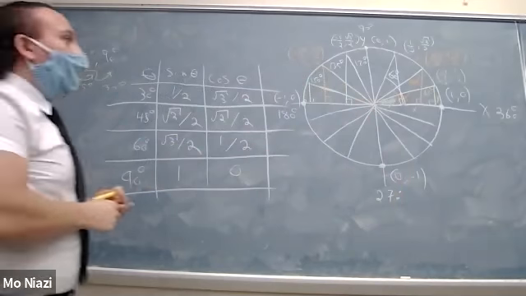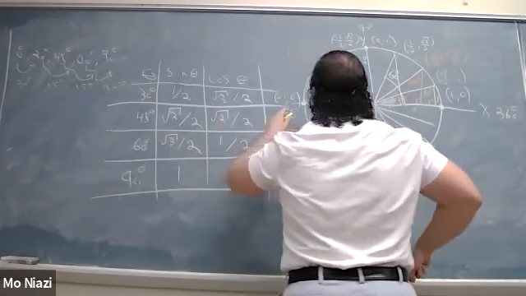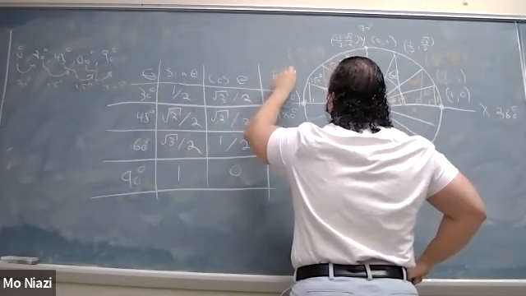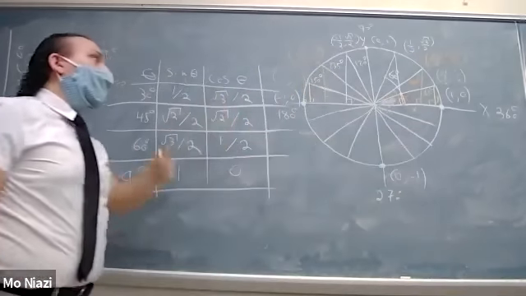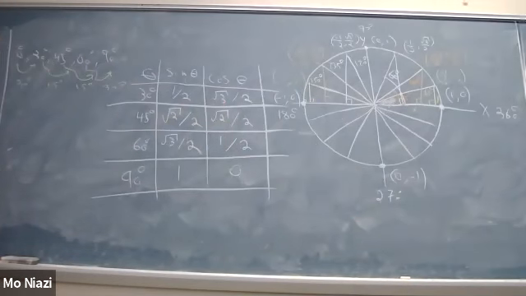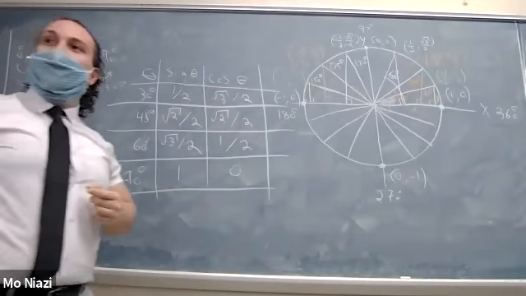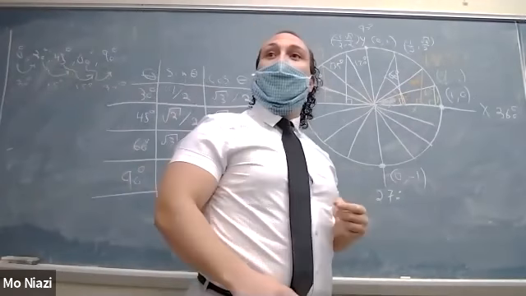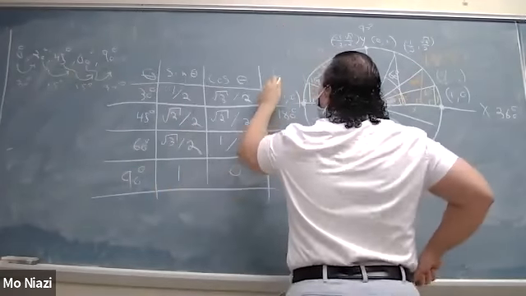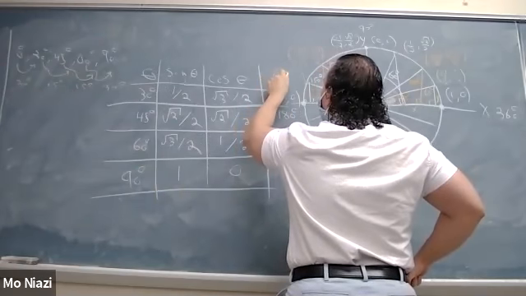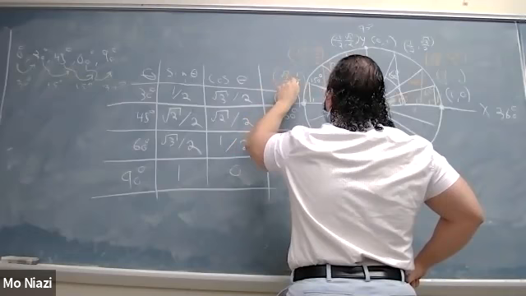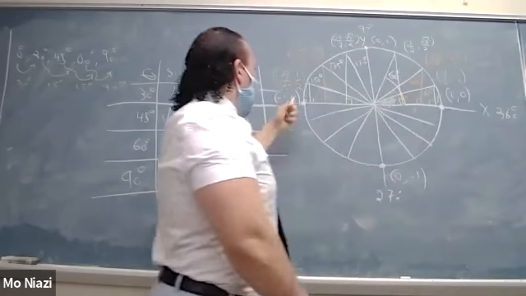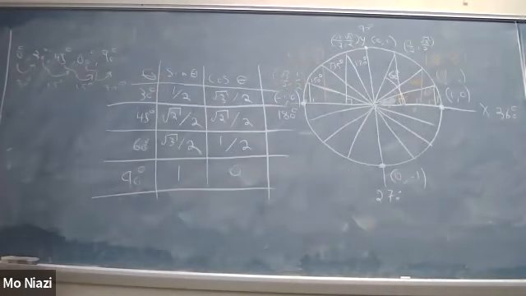So what are the associated cosine and sine values? Because cosine is on the left, and in English, you write from left to right. Negative square root of 3 over 2, and positive 1/2. Nice.